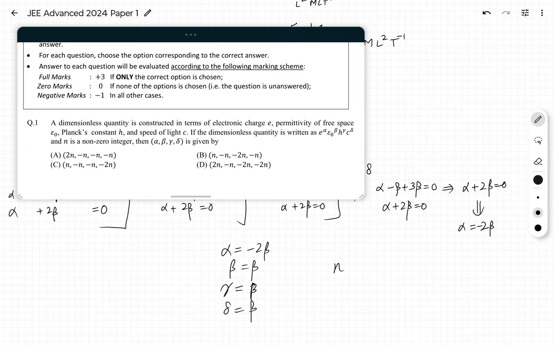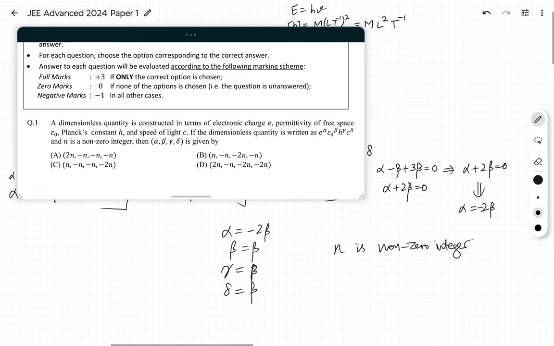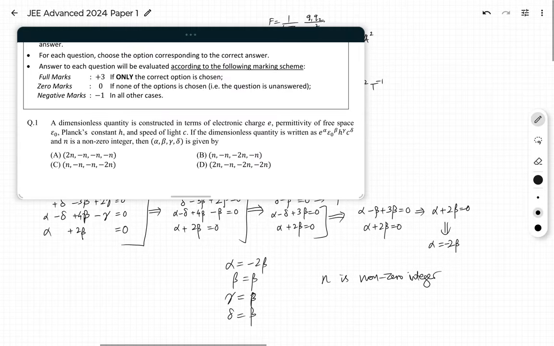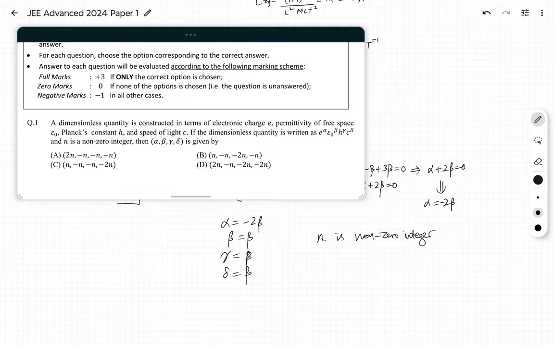So this n is a non-zero integer. So this beta is also an integer. This beta tells us how all these four are related to each other.